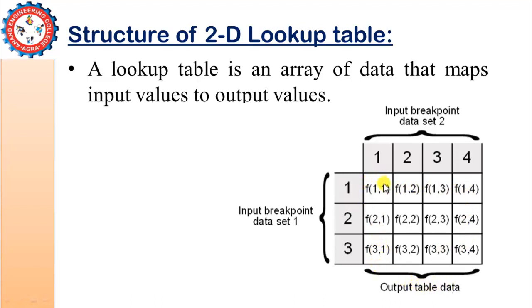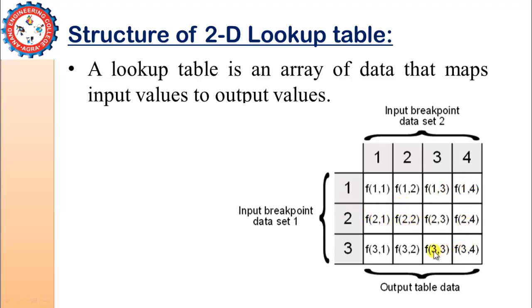If I talk about this block particularly, at this point there is a value of one breakpoint and a value of the other breakpoint, that is, the value of the first input variable and the second input variable, and due to these two variables this is the output. Similarly, we can calculate the output at this point when the first input value is 1 and the second input value is 2. So these are all function values at different input combinations.